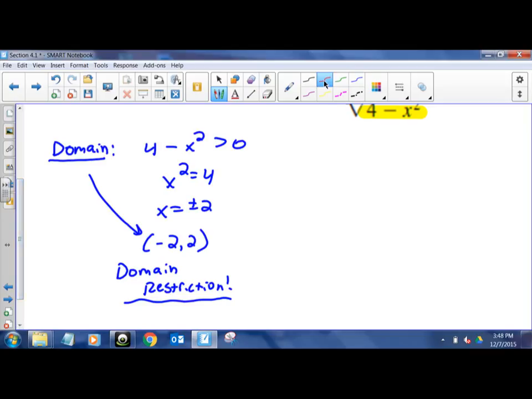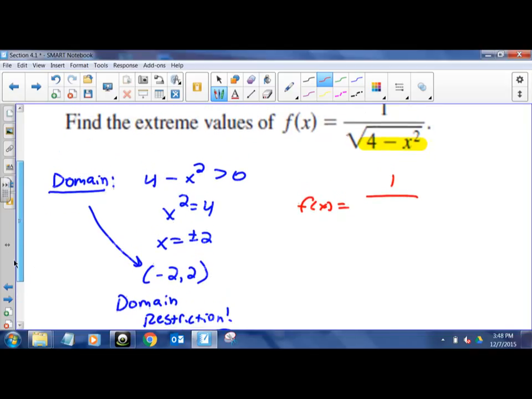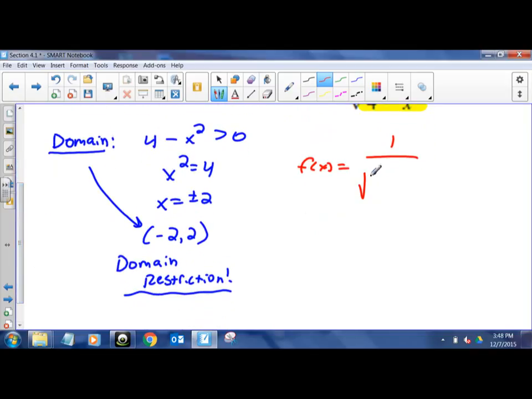All right? Well, now let's go and have some fun. Let's go ahead and figure out why calculus is going to be useful. So here's the original function. So f of x is equal to 1 over the square root of 4 minus x squared, which, of course, is the same thing as 4 minus x squared to the 1/2 power in the denominator.